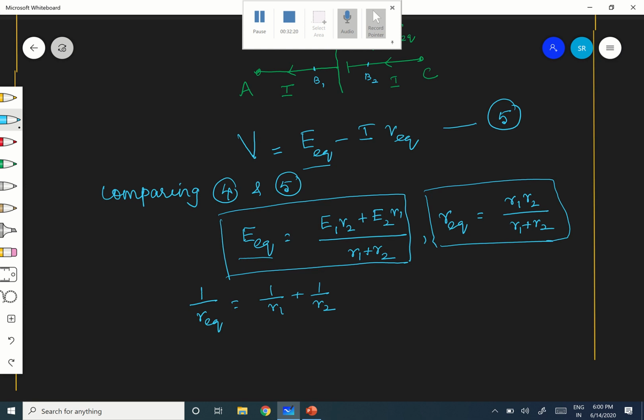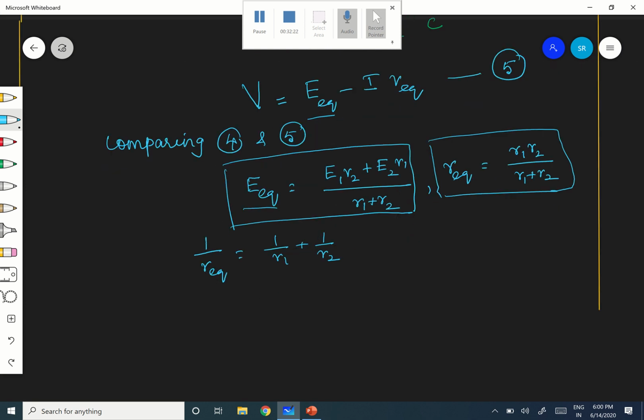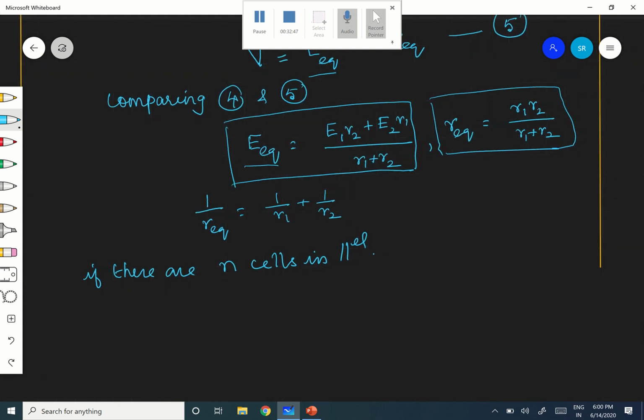But if there are n cells in parallel, with the EMFs E1, E2, E3, etc., and internal resistances R1, R2, R3, etc., then how to find out the equivalent EMF and equivalent internal resistance?